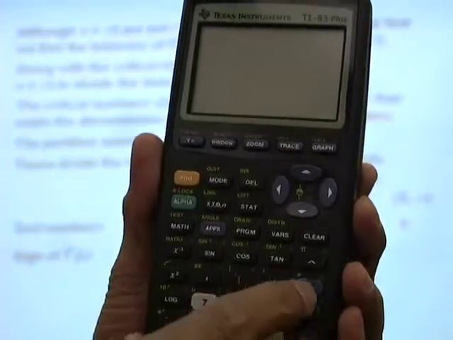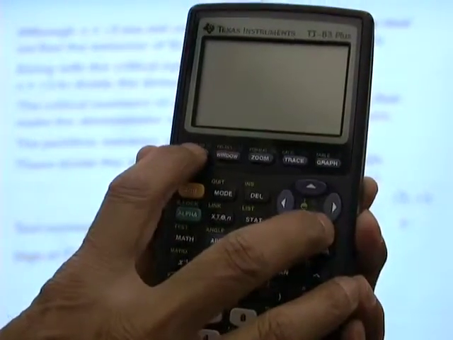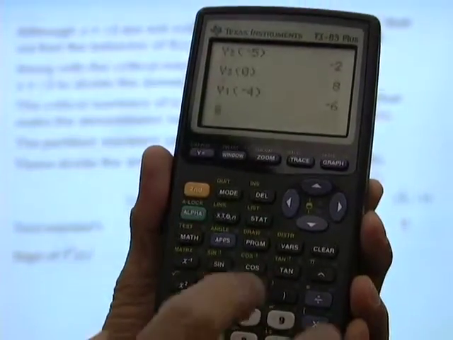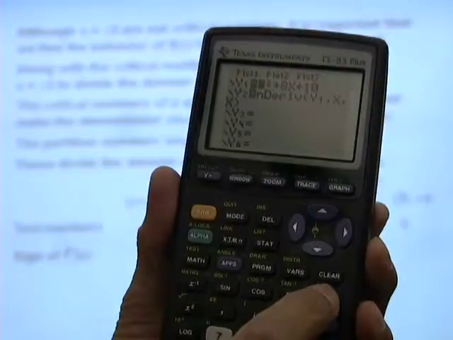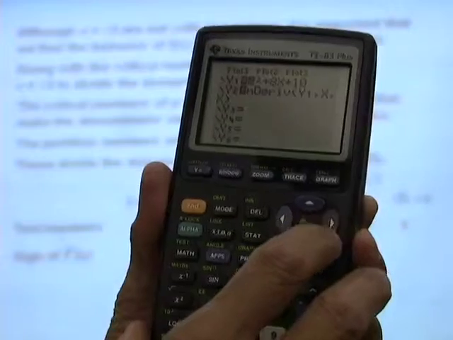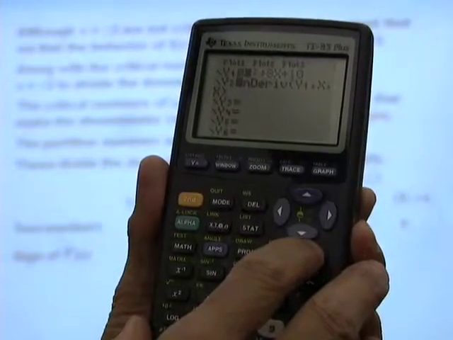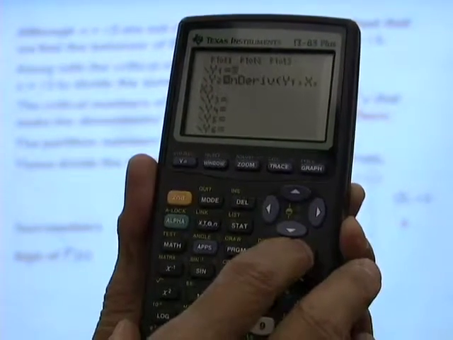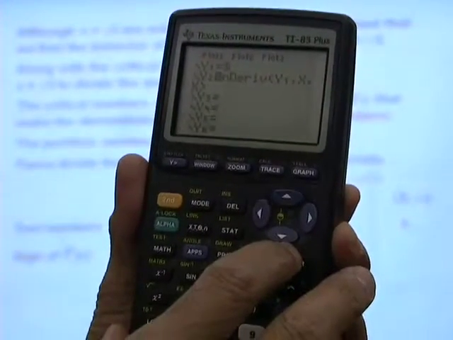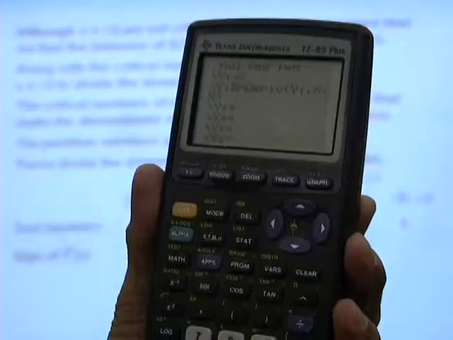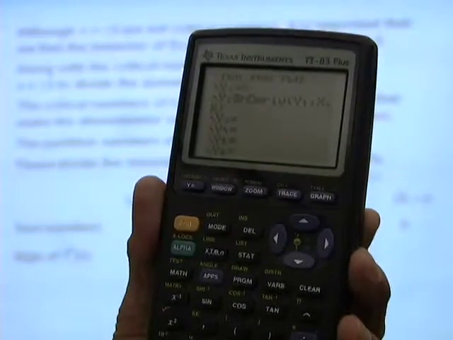First we turn on the calculator, go to y equal to, and enter our function. Now clear y1 and enter your function. What is our function? I need to look at the function.